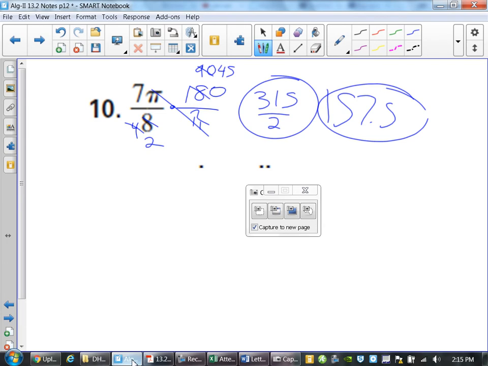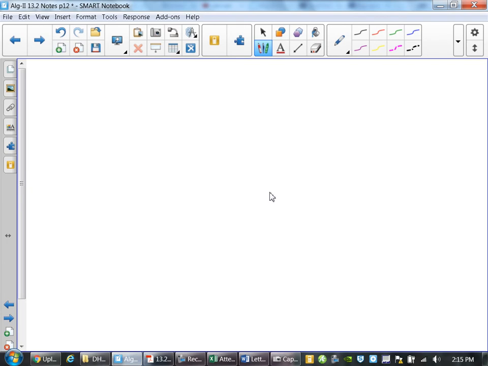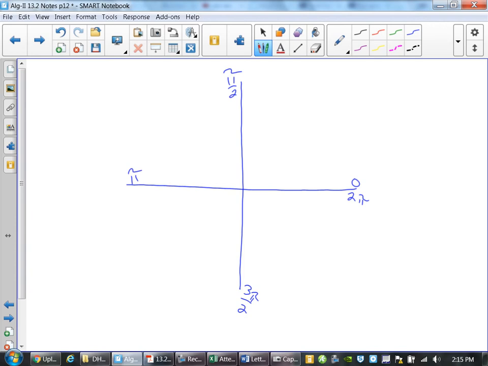Once we get past the idea that radian is scary, and this might alleviate that. This is what? At 90 degrees. Half of pi. Pi over 2. And this is 3 pi over 2.